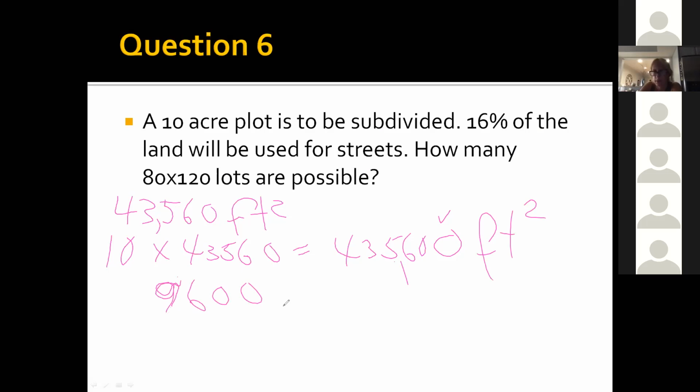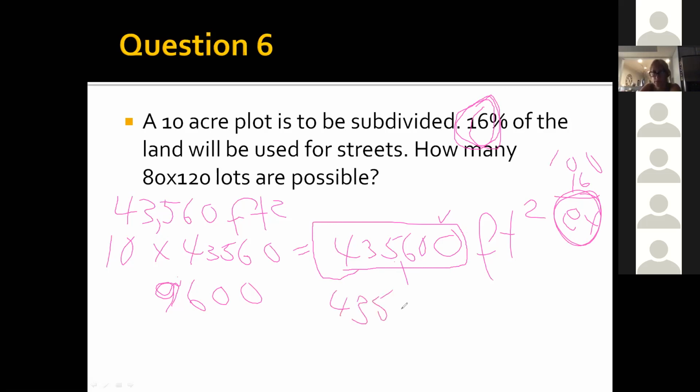Okay, so we know that we have 435,600 square feet, but 16% of it is going to have to be used for streets. So that means 100% minus 16% is 84%. That means only 84% is going to be able to be used for lots. So if we take 435,600 and multiply it by 0.84, that's how much we get to have for lots.